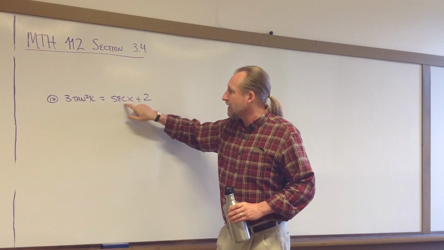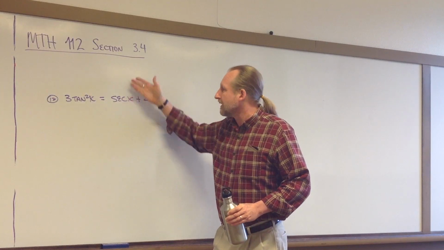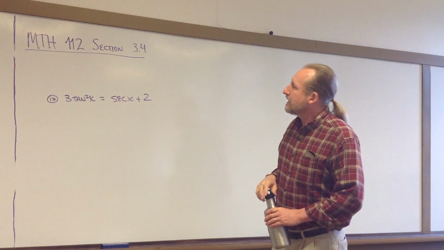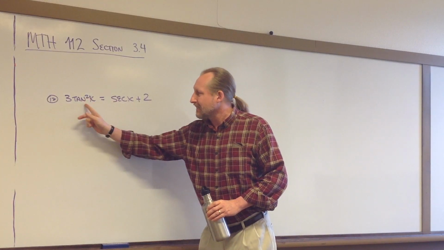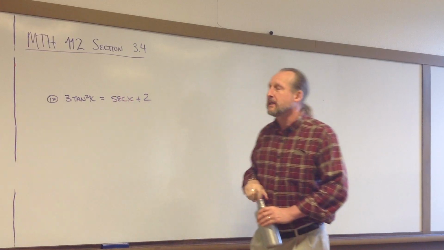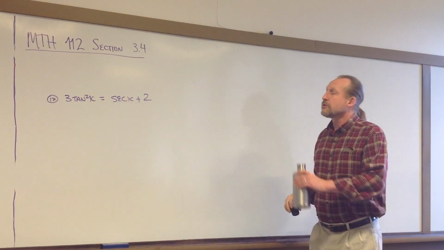Okay? So this one we don't really have an identity for other than that it's 1 over the cosine. And so the idea here is that if we can replace this with something involving the secant squared, then that'll match the secant here, and we'll be able to solve this using the quadratic formula.